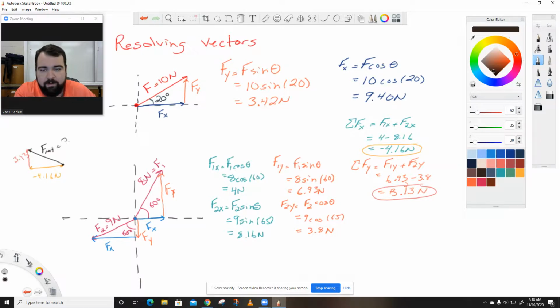F net or sigma F. And we would also need to know the angle here as well, which way is it going. Okay, because remember, force is a vector quantity. You need a magnitude and you need a direction. Now that F net is just the hypotenuse of a right triangle that we just made. So to find out the magnitude of the net force, let's go with the Pythagorean theorem.